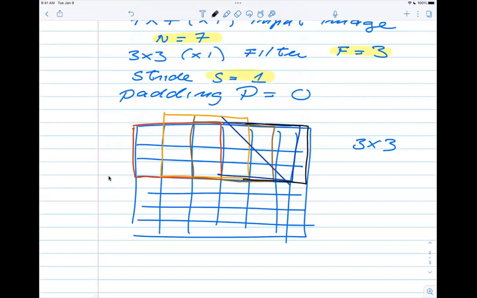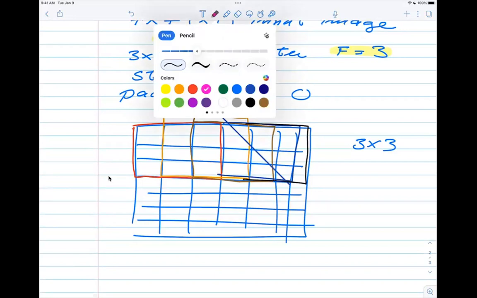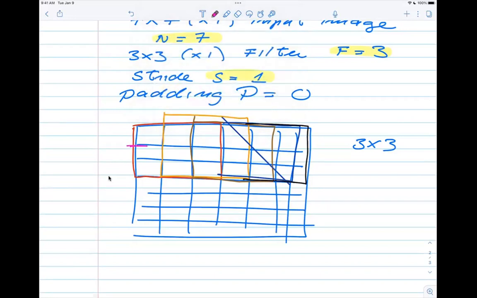Then we continue along these lines, and then we would move here, and we would have a new block here. And this just gets repeated till we have gone through the whole matrix. So we are going to get blocks which look like this. So the output is now going to be a matrix which has dimensionality 5 times 5.